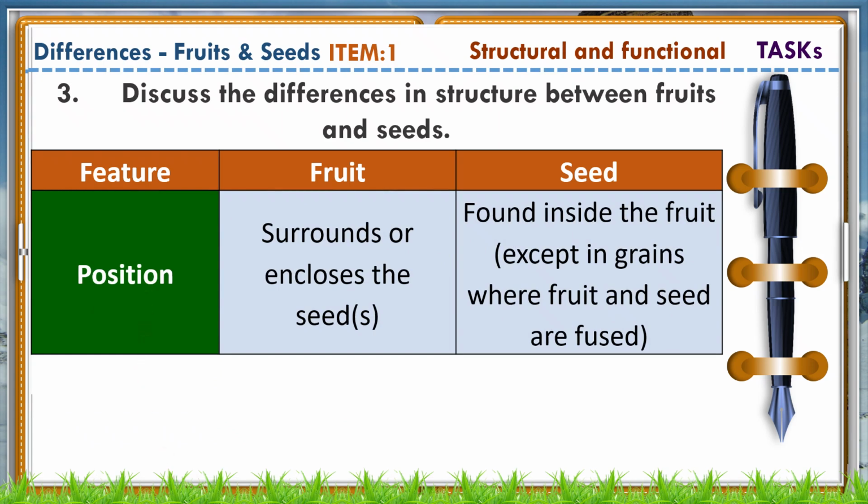The fruit surrounds or encloses the seeds. So the seeds are inside, the fruit is outside. Whereas the seeds are found inside the fruit, except in grains where the fruit and the seed are fused.